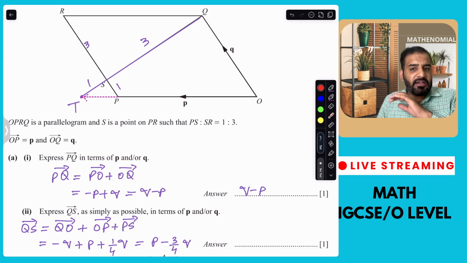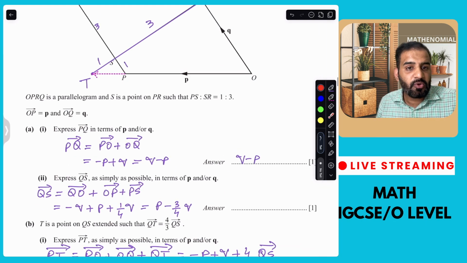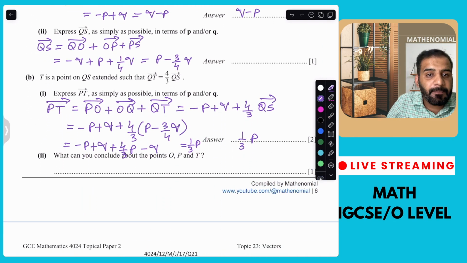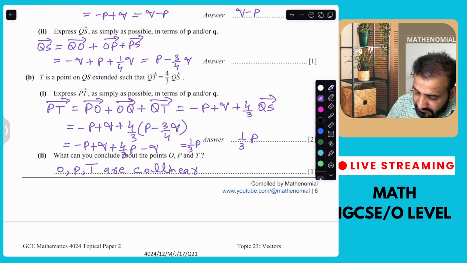So when all 3 points lie on the same line, they are known as collinear points. So we will say O, P, T are collinear when they all lie on the same line, just because T is on OP extended.